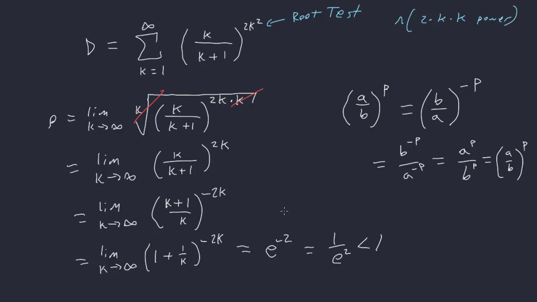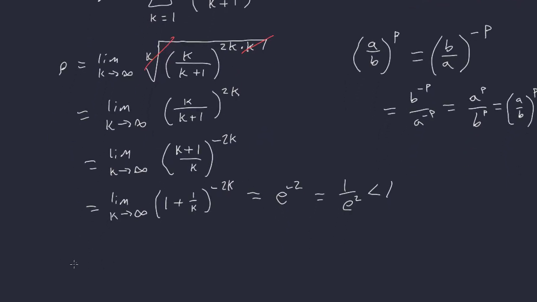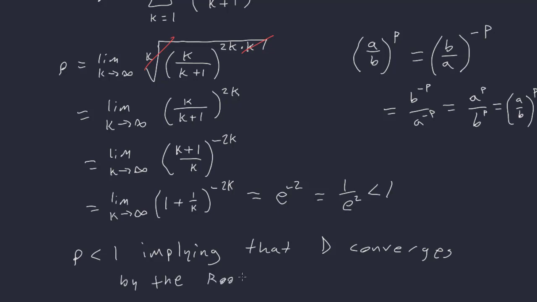Now again, as we saw before, it wasn't 100% necessary. We could still get to the right answer. It was just a lot more work. So, rho is less than 1, implying that D converges by the root test.